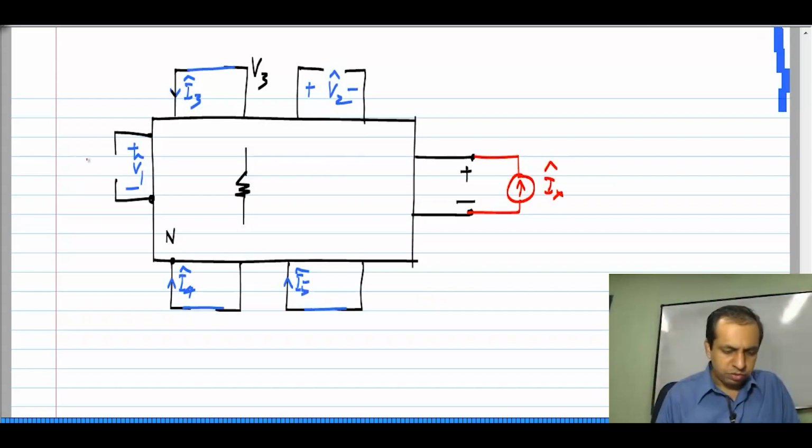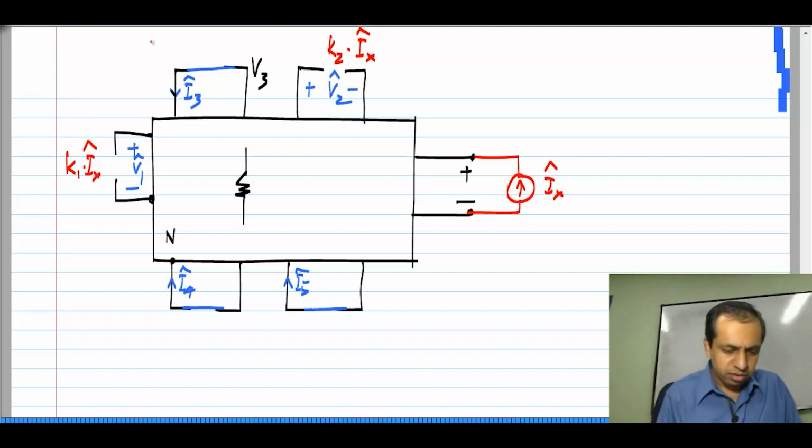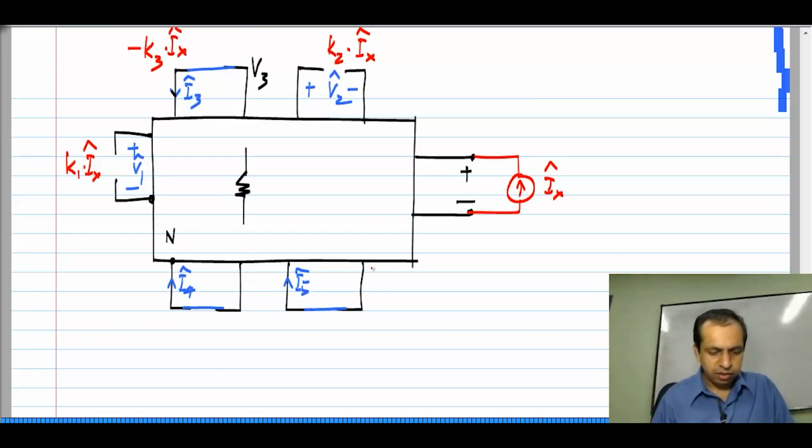Now, this V1 hat would be K1 times Ix hat, this V2 hat would be K2 times Ix hat and this I3 hat would be minus K3 times Ix hat, this I4 hat would be minus K4 Ix hat and this I5 hat would be minus K5 times Ix hat.